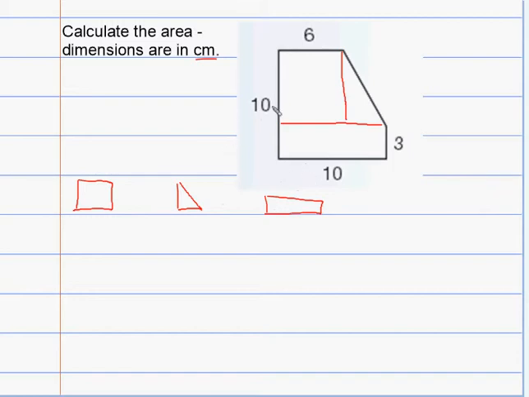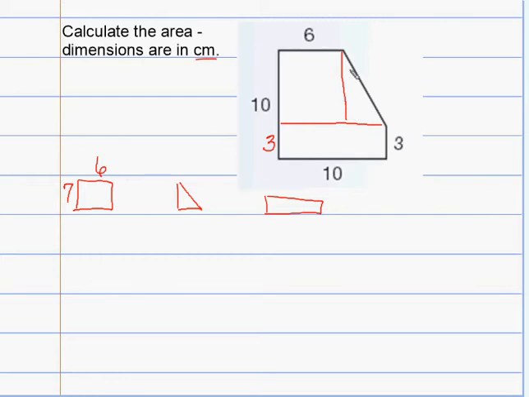So this side is 10, right? But it's no longer 10 here because I cut that off. So this is 3. So if this whole side used to be 10 and this is 3, then what is this? That's 7. And we know the width is 6. Okay?